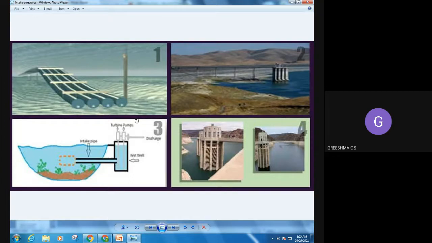Water will be entering through this pipe into the intake structure and it will be stored over there. The foot bridge is provided so that the concerned engineer or concerned people can examine it regularly. So this is called a river intake structure.